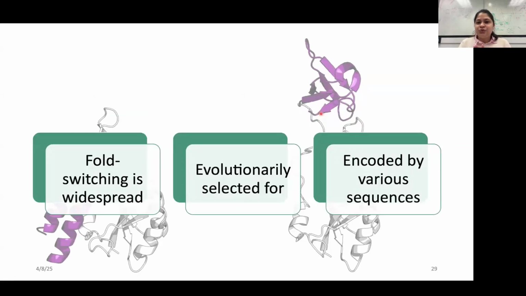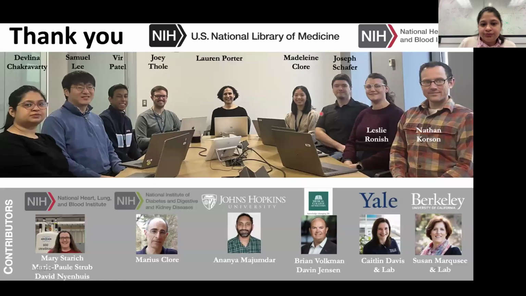So again, to end the talk and to leave you with this message: fold switching is widespread, it is evolutionarily selected for, and it can be encoded by various different sequences. It's important to understand how these occur and how evolution has selected for them in different families. And we see examples of that.